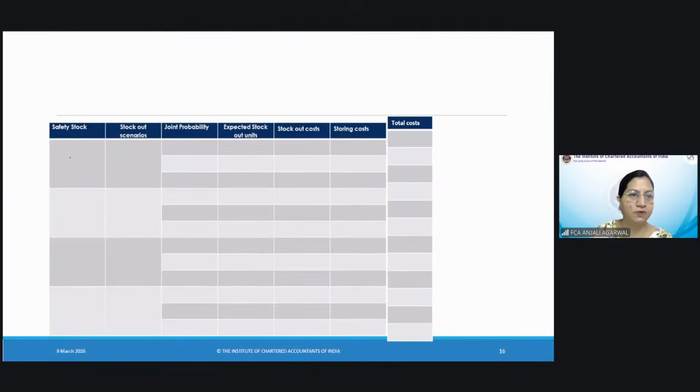Now, if you keep zero safety stock, you have 3 stock out scenarios: when you are consuming 135, when you are consuming 140, and when you are consuming 180. And the stock out units are 27, 135 minus 108, 32, 140 minus 108, and 72, 180 minus 108. So these are the stock out scenarios, and you are stocked out by these many units.